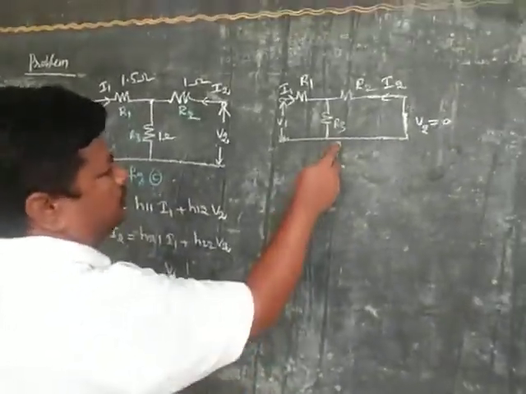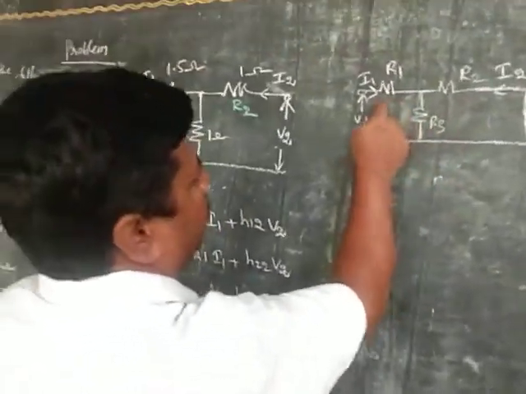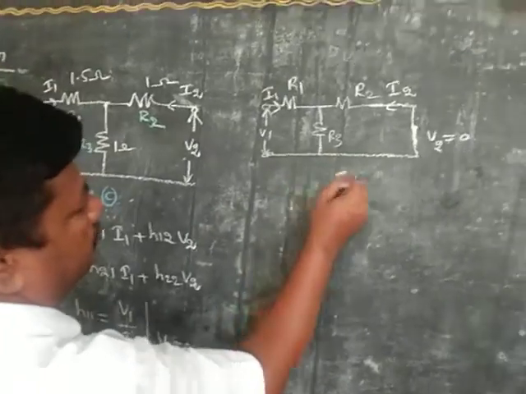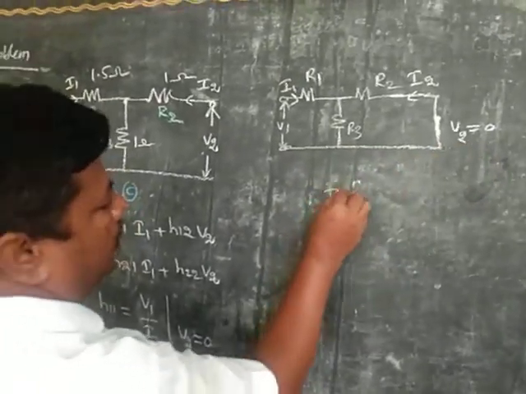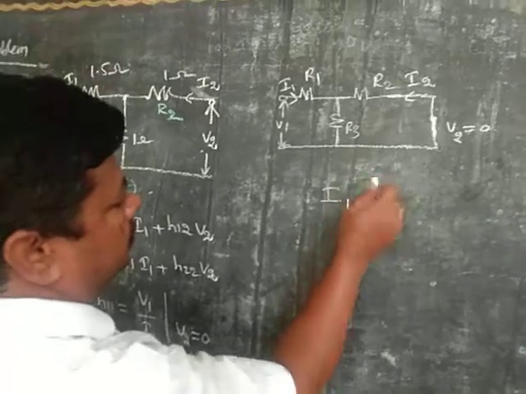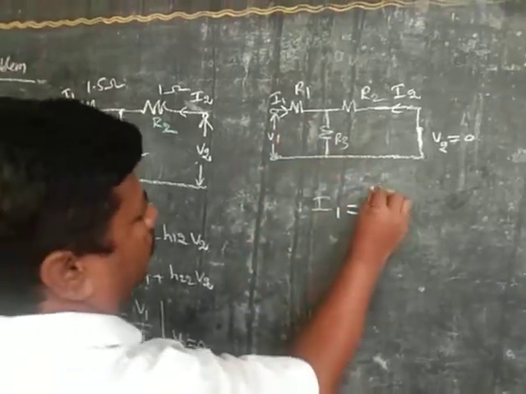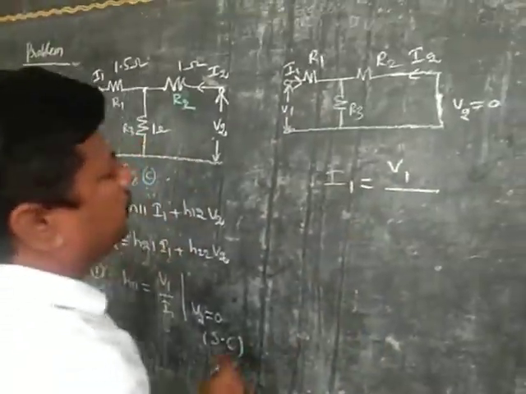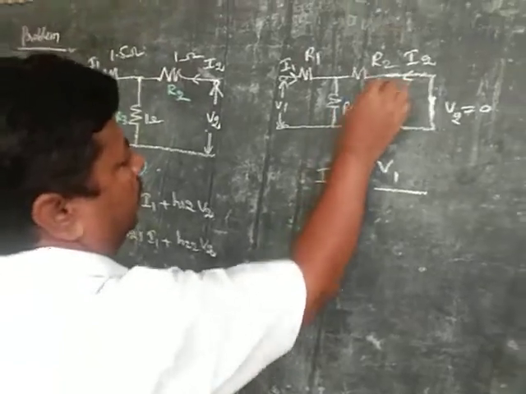So whenever V2 is equal to 0, find out current. Current I1 is equal to total current V1 by, these two are in parallel.